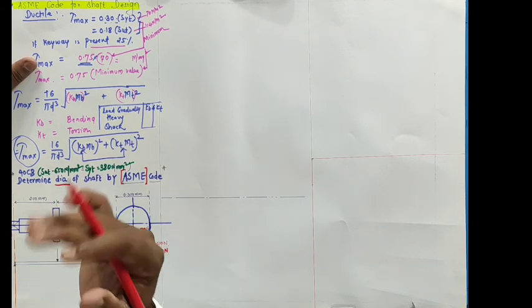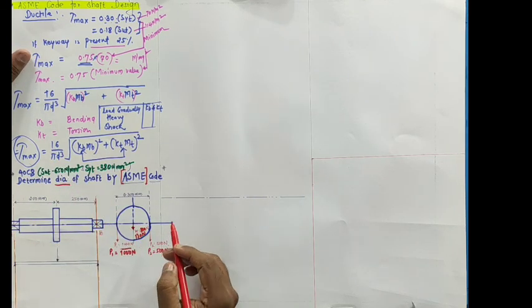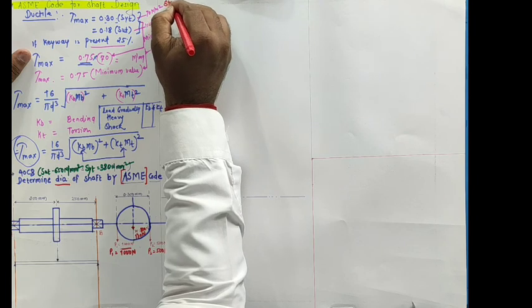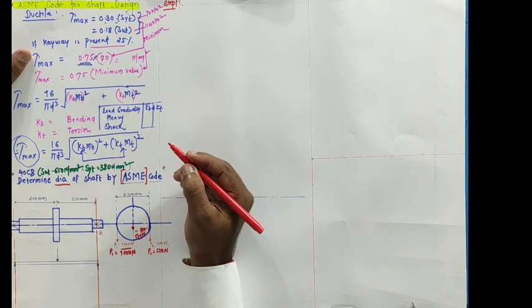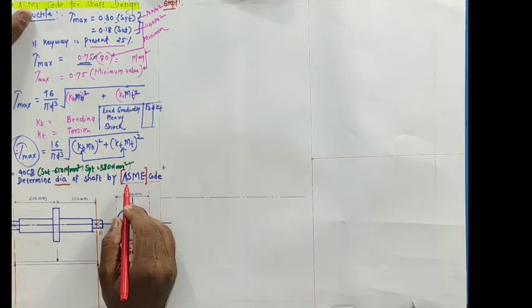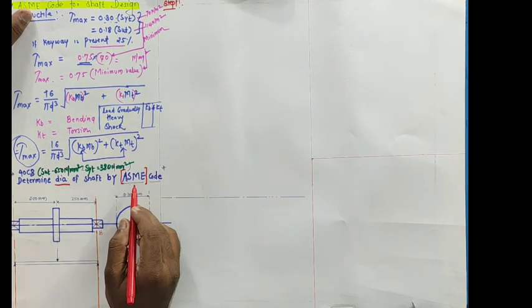Now we'll go one by one as per the design process. Step number 1: we'll have to calculate the maximum shear stress on the basis of ASME code.